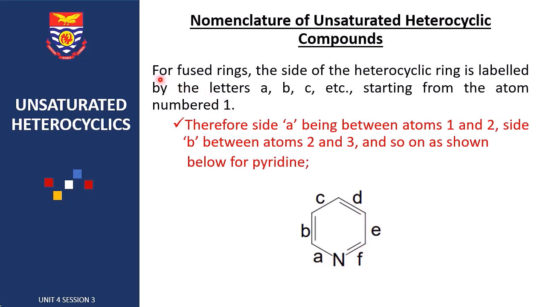So for fused rings, the side of the heterocyclic ring is labeled by the letters a, b, c, etc., starting from the heteroatom or the atom number 1. This becomes number 1, 2, 3, 4, 5, 6, sorry. And therefore, the side a is between 1 and 2. So if you number this 1 and this carbon as number 2, now the a becomes the side between 1 and 2, and b becomes the side between 2 and 3.